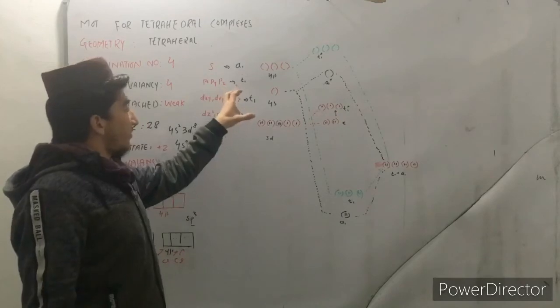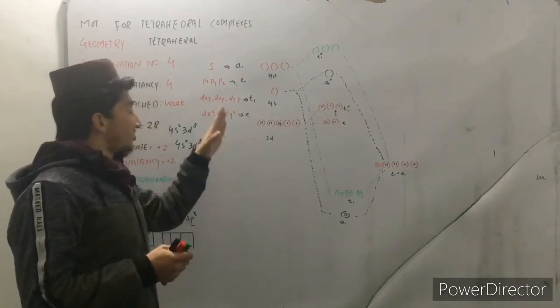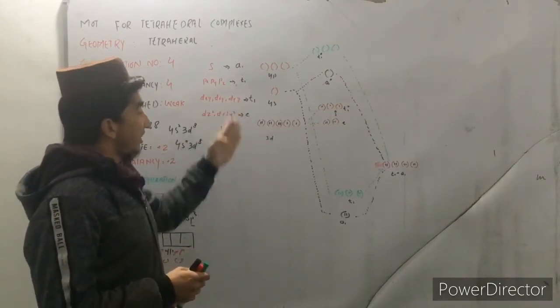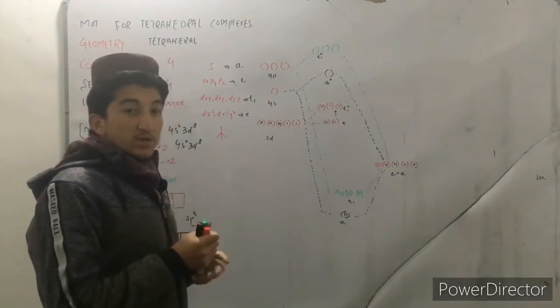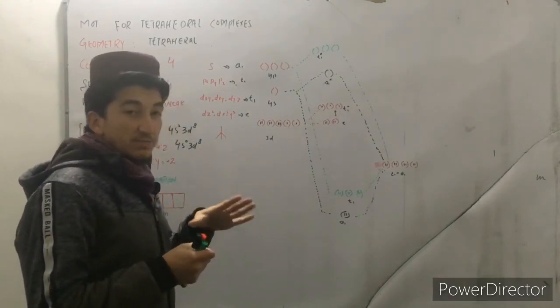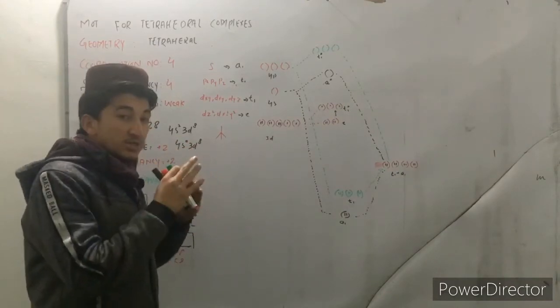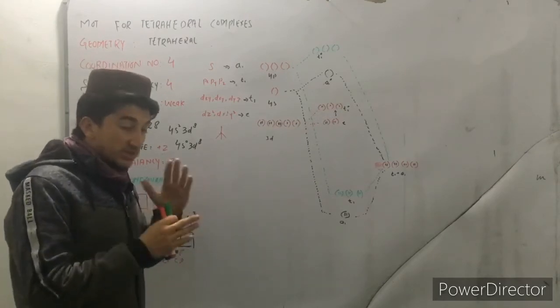You may be confused that in octahedral complexes I talked about g and u, and here I haven't written about g and u. That's because octahedral molecules have symmetry: there is a presence of a center of symmetry or plane of symmetry. So this symmetrical and unsymmetrical nature, we talk about in terms of gerade and ungerade.